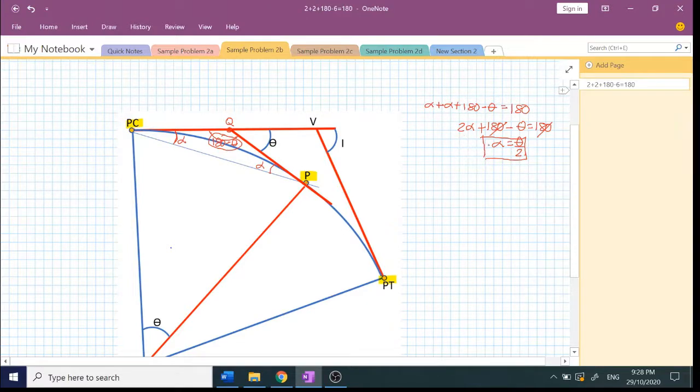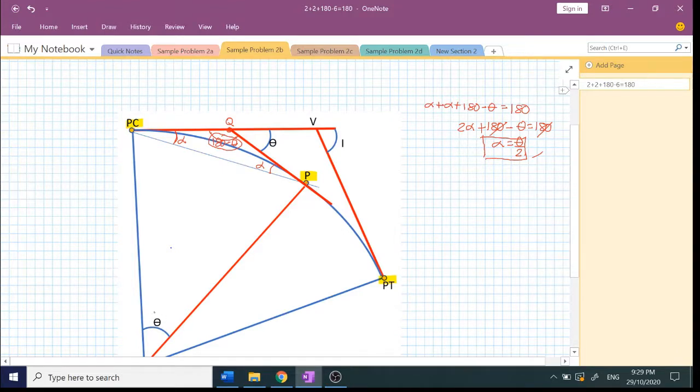Okay, yung alpha na ito na tinutukoy is the angle that the line joining PC and a point on the curvature is making with respect to the tangent. And you will notice that this alpha, according to this relationship, is 1/2 of this theta. Ano naman yung theta?